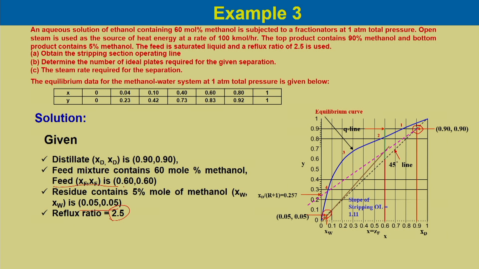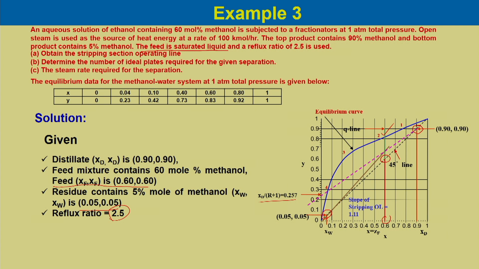The feed condition is given as 0.60 mole fraction, so we can locate the point on the 45° diagonal, and since the feed is saturated liquid, we can plot the q line, which is vertical, from this 45° diagonal. We calculate XD by R plus 1, which is 0.257.